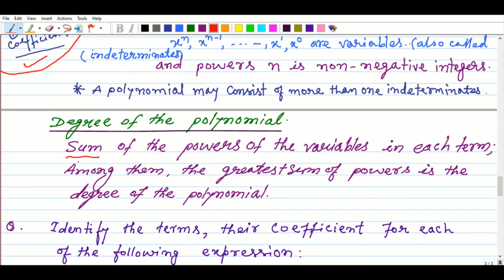After summing all the powers of the variables, among them choose the greatest sum of the power. The greatest sum of the power is the degree of the given polynomial, and you also feel that you have learned basic things and apply them here.